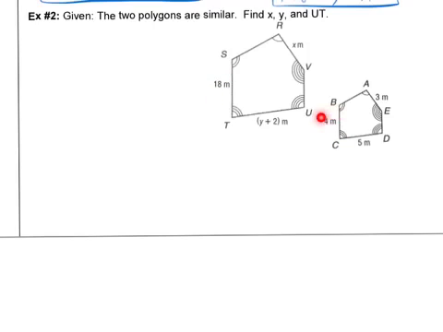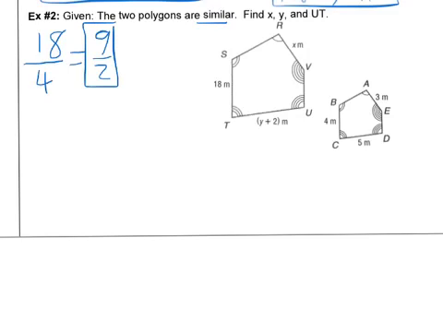So what's the ratio of 18 to 4? 18 to 4 would reduce down to 9 to 2. So if they're similar, they're all going to have this common ratio. So, for example, when we want to solve for x compared to 3, we could say x over 3 has to be equal to 9/2.